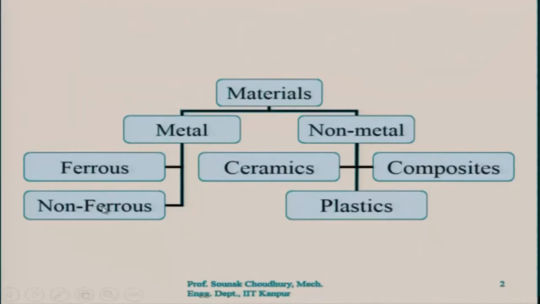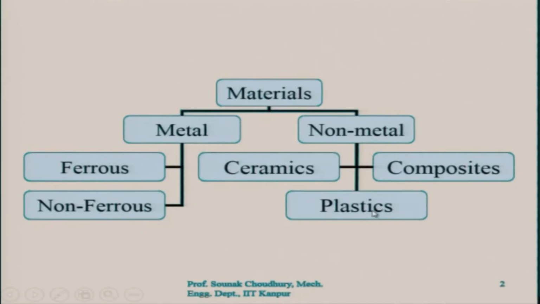The ferrous and non-ferrous metals are everywhere, like blanks are made, like tools are made. In the non-metals, ceramics, for example, are widely used in metal cutting for making tools or for coating on the tools.